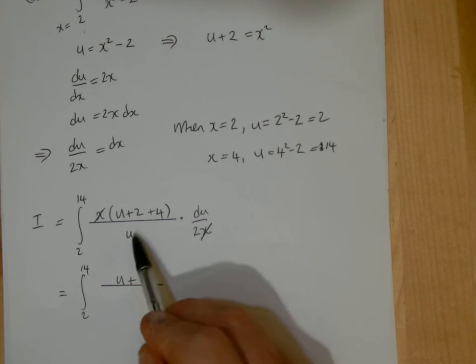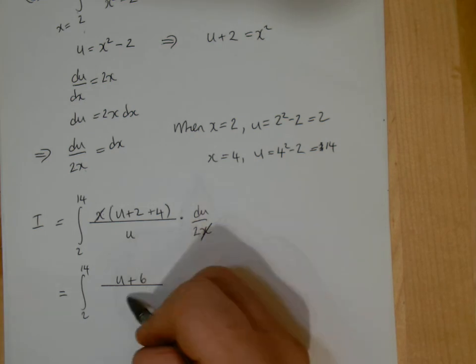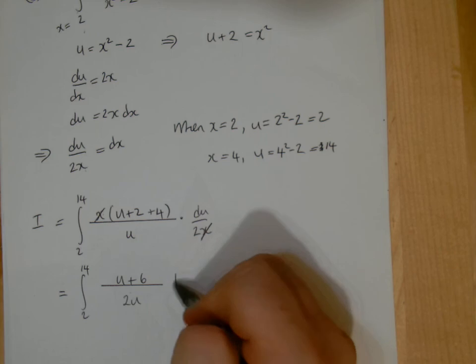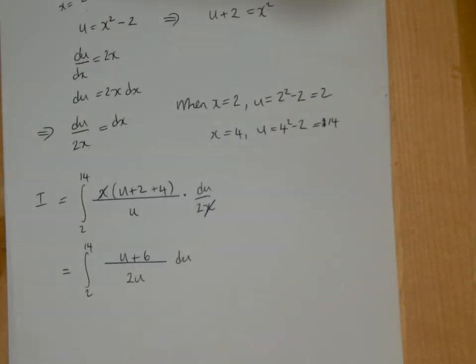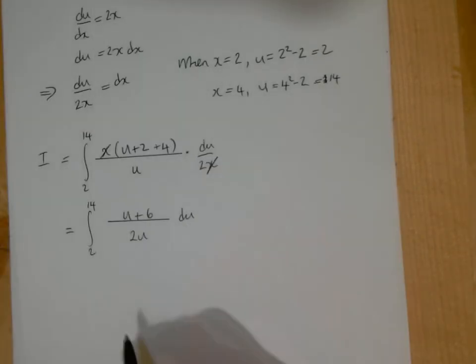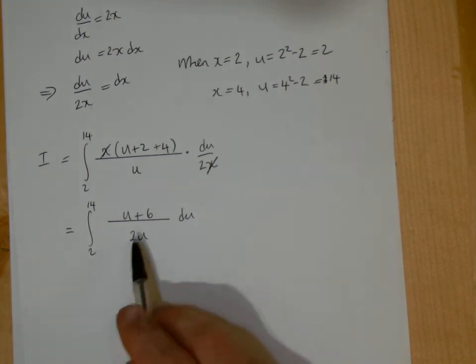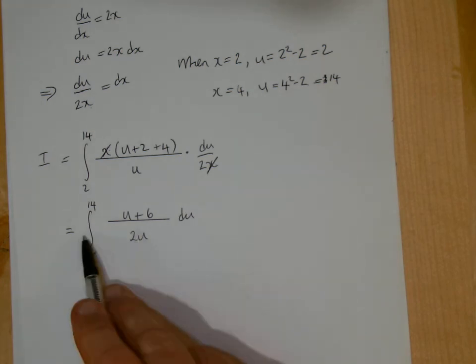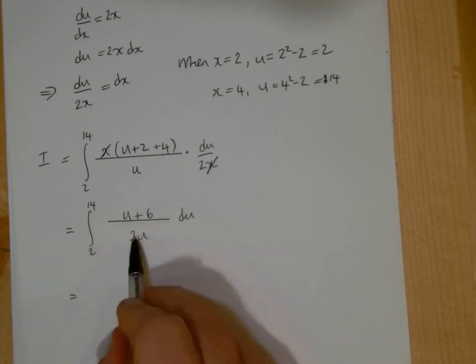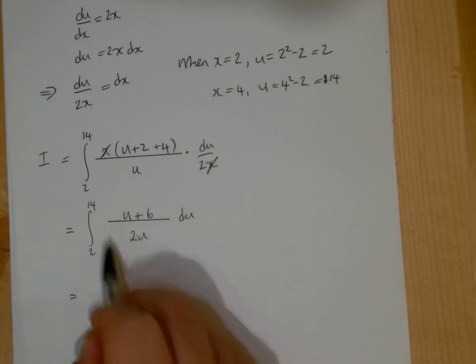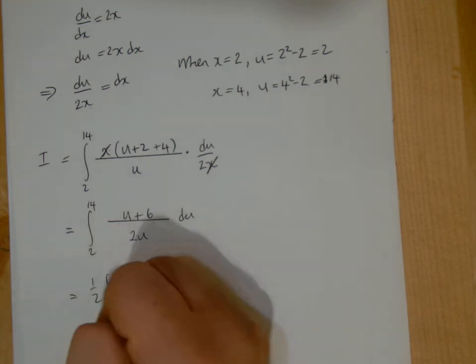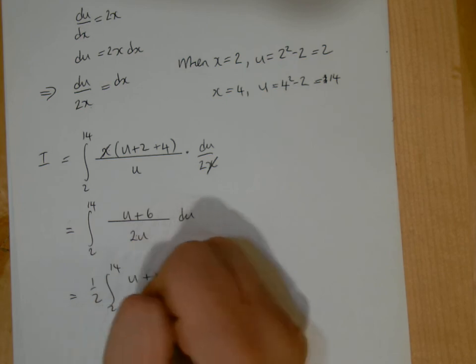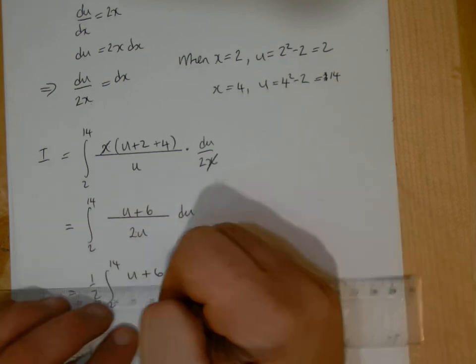On the bottom, you've got the u times the 2, so that will be 2u du. From here, I'd be tempted to take that 2 outside. Because it's on the bottom, it's actually a half. So half the integral between 2 and 14 of u plus 6 over u.